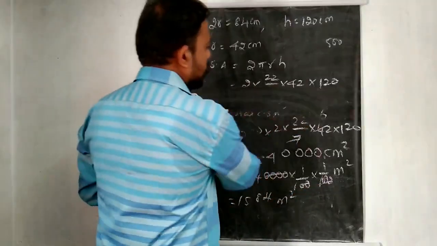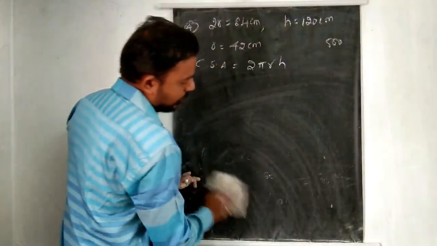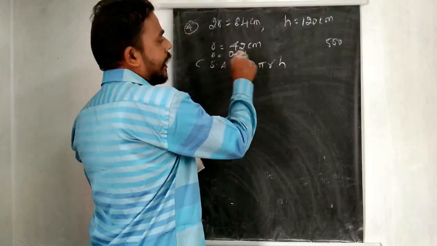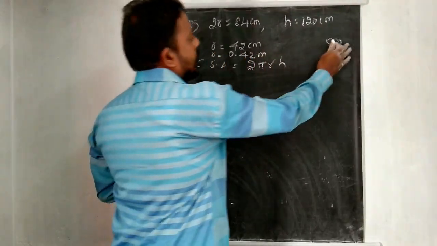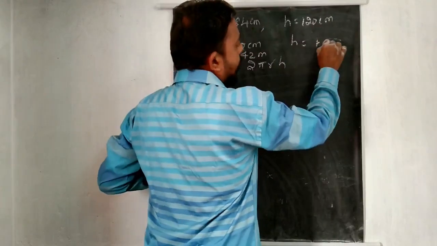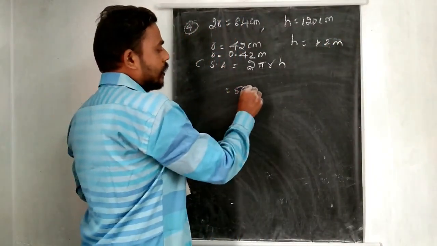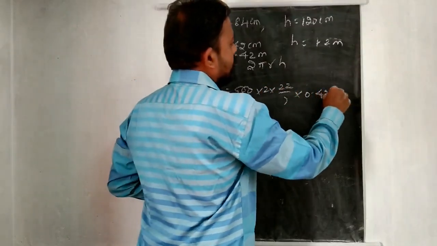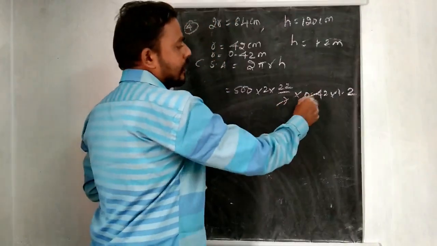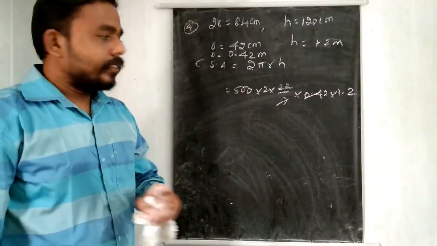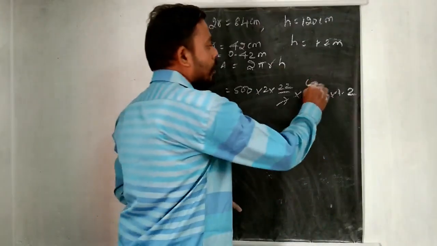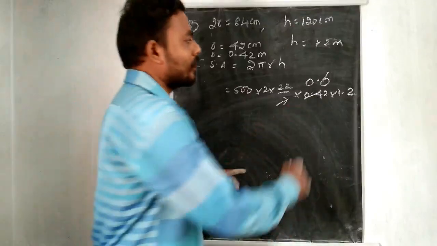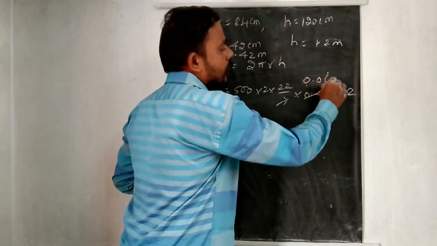The same way, suppose for 500 revolutions, we may convert r equal to 42 divided by 100, 0.42 meter. Here h is equal to 120 divided by 100, so 1.2 meter. For 500 revolutions, 500 into 2 into 22 divided by 7 into 0.42 into 1.2. You can cancel this. Don't write 6 7s are 42 as 0.6. Think about it, here we have 2 decimals, so we need to write 0.06.